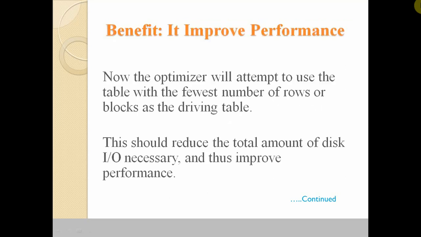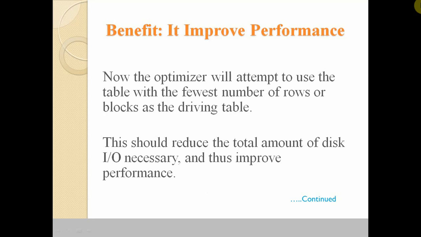Next, the benefit. What is the benefit of analyzing the table? The benefit is the improvement of performance. After analyzing the table, the optimizer will attempt to use the table with the fewest number of rows or blocks as the driving table.